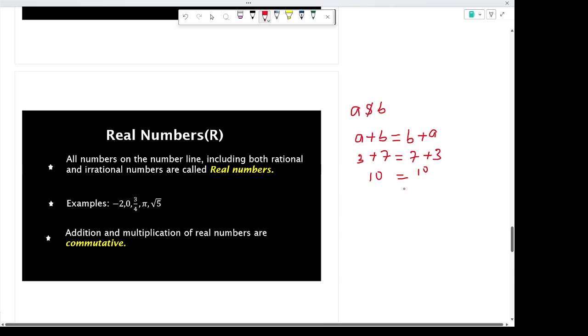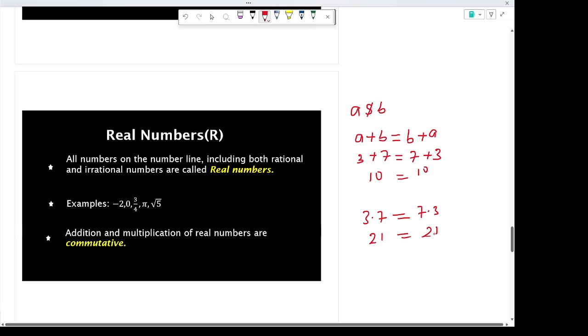What about the multiplication? If we have 3 multiplied by 7, it is equal to 7 multiplied by 3. Our answer is what? 21.